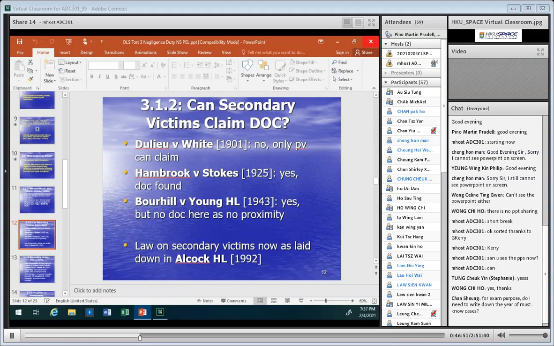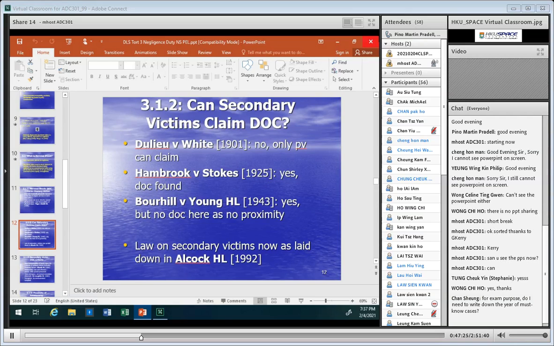However, Hambrook and Stokes, 25 years or so later, said yes, secondary victims can claim a duty of care for nervous shock. Hambrook and Stokes, secondary victim, and on the facts, the court found that there was sufficient, but you have to prove proximity. And in Hambrook and Stokes, with regard to secondary victims, which we'll see when we deal with Alcock, a secondary victim has to show reasonable foreseeability plus proximity.